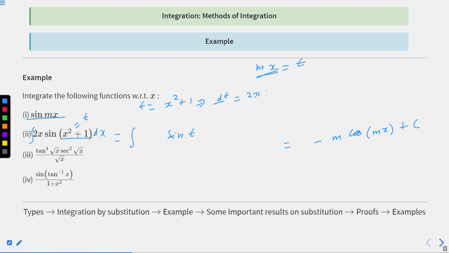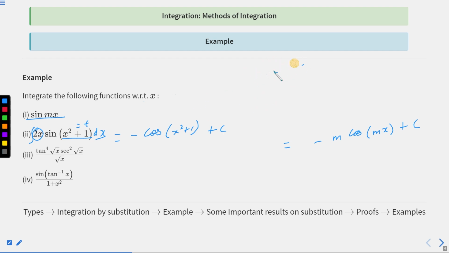Cross multiplying, you get dt is equal to 2x dx. You have 2x and you have dx, so this combination will be replaced by just dt. Now you have just sin t dt, and you know the integral of sin t will be minus cos t plus some constant. t is x square plus 1, so your final answer will be this, with this as your substitution. Clear? I hope it is clear to you.